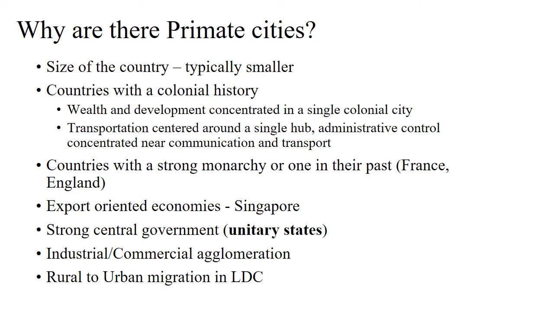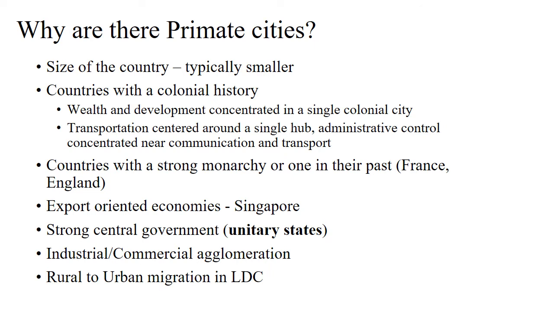The resources extracted from that colony would likely be traveling through this one spot that acted as a transportation hub, a center of administrative control, and a center of communication and transportation, a kind of port, that would have been the center of this colonial government.